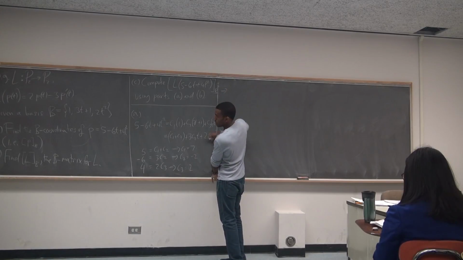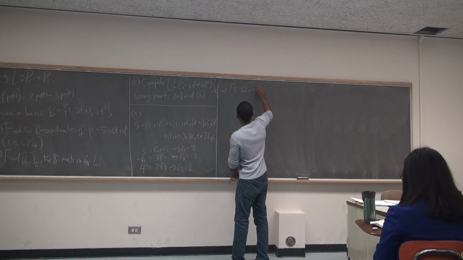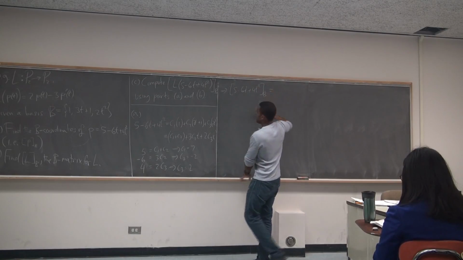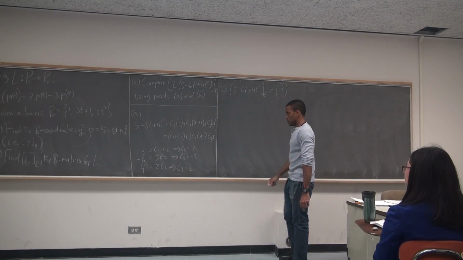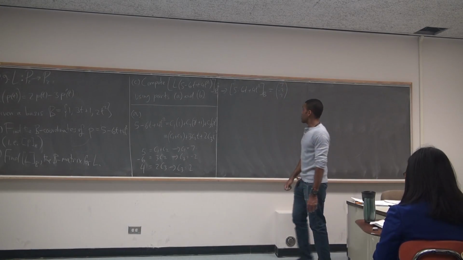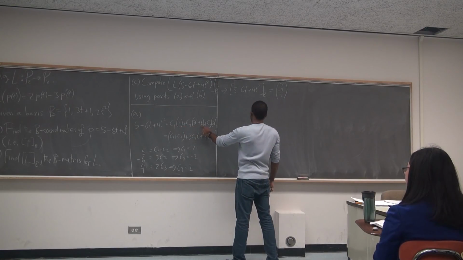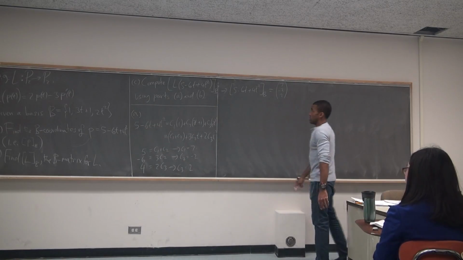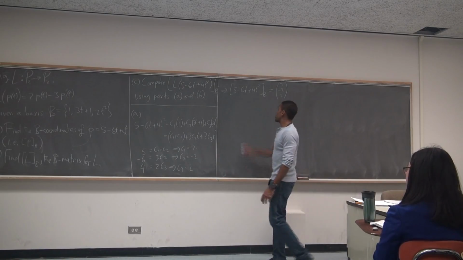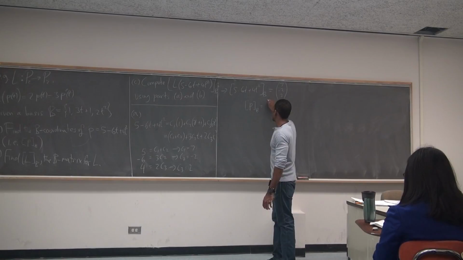This means that 5 minus 6t plus 4t squared with respect to basis B is just the vector 7, minus 2, 2. Because it's 7 times 1 plus minus 2 times this plus 2 times that. So that's the B vector. I know here my p with respect to B is just the vector 7, minus 2, 2.